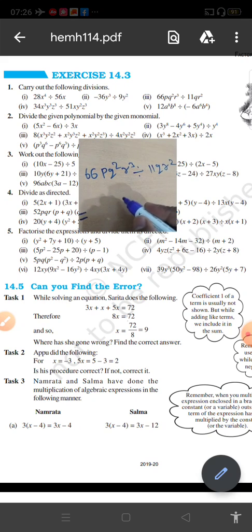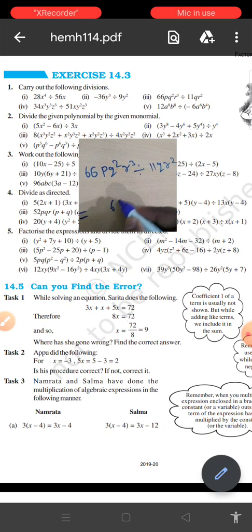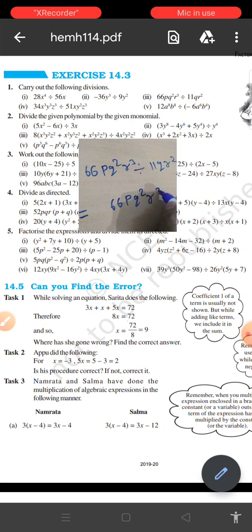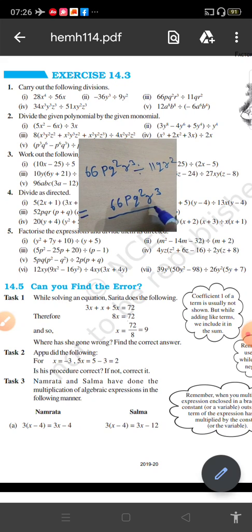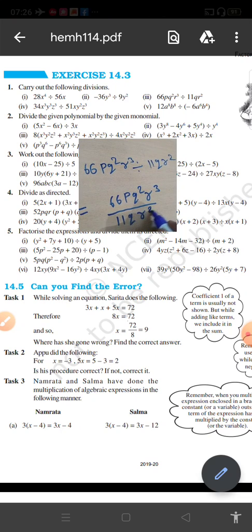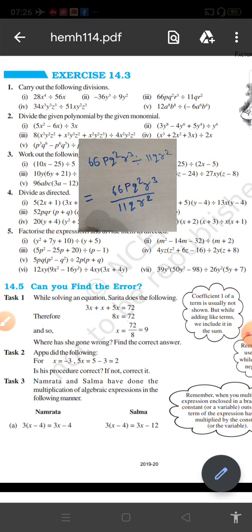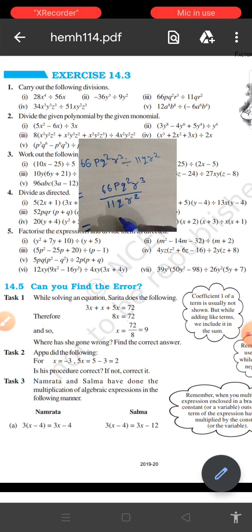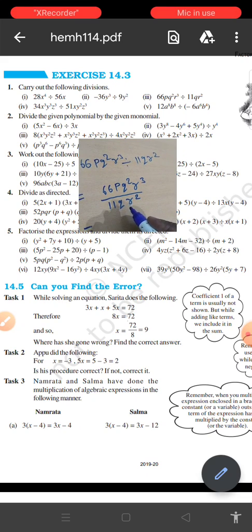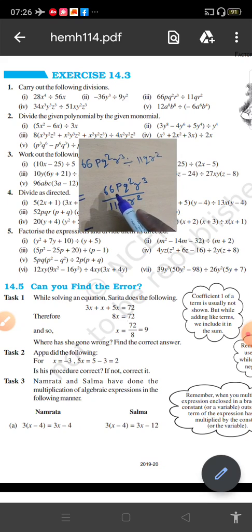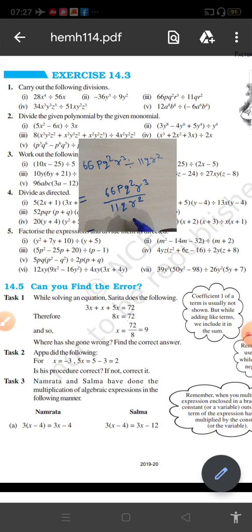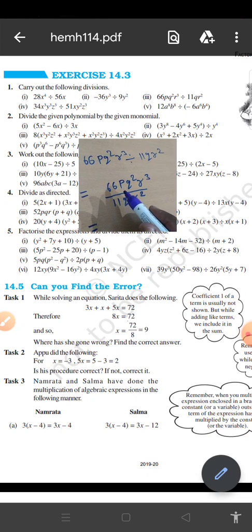Okay, so simply you can write like this: 66 p q square r power 3 divided by 11 q r square, and we can also write it as a product of irreducible factors. So students, what is the product of irreducible factors of this expression and this expression? I hope all of you know.